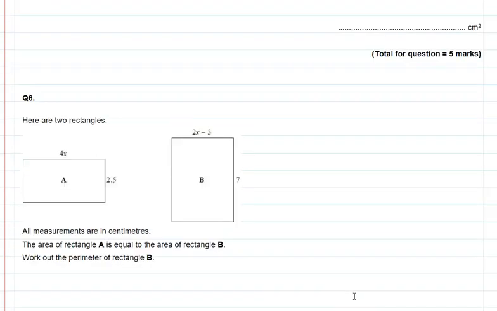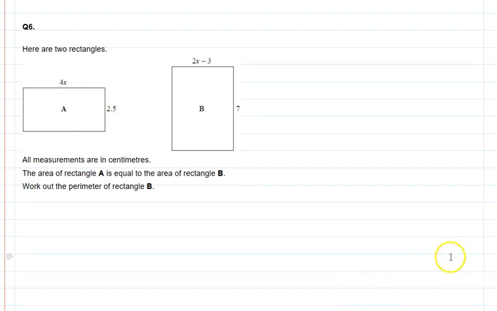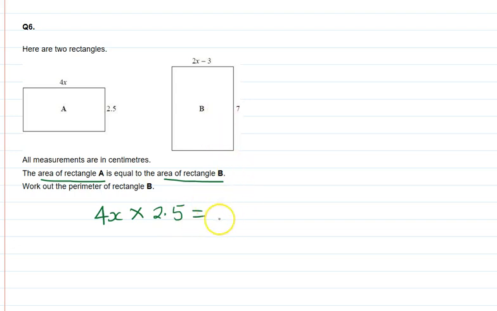Okay, now let's see the next question, question number 6. Here they are saying there are two rectangles. All the measurements are in centimeters, and the area of rectangle A is equal to the area of rectangle B. So the area of rectangle A will be length times width, so it will be 4x times 2.5, and the area of rectangle B is 2x minus 3 times 7.